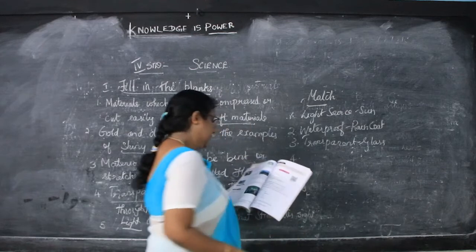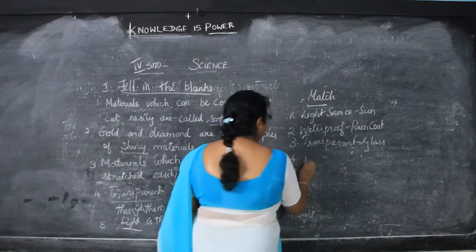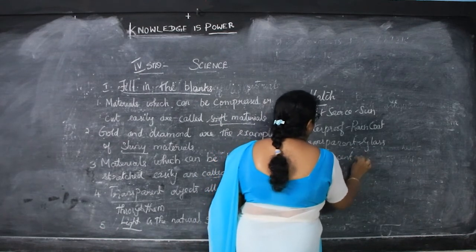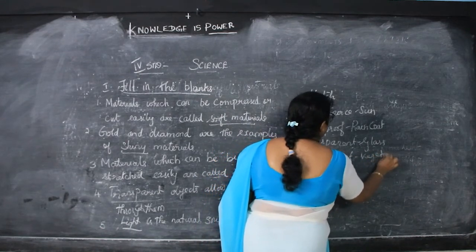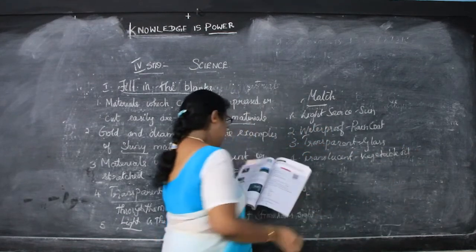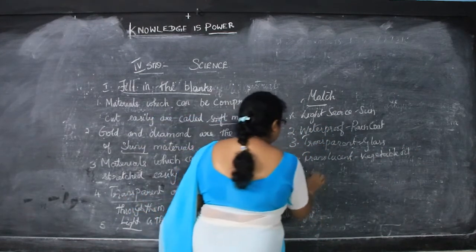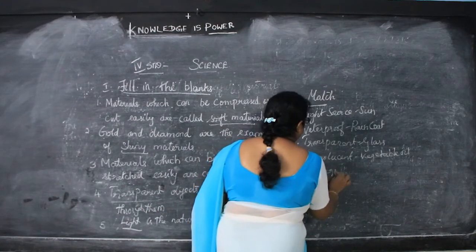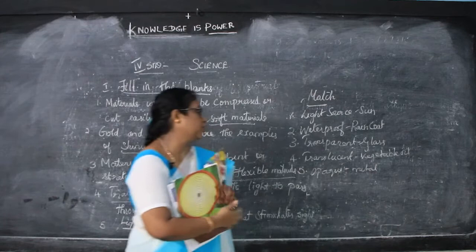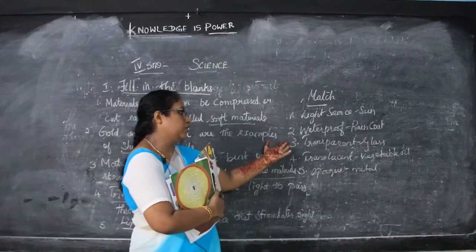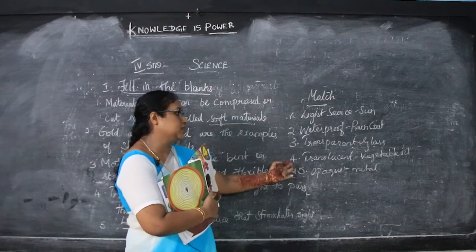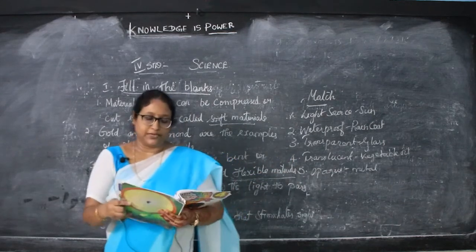Glass. Next is translucent. Translucent, vegetable oil. Then next is opaque. Opaque is metal. So these are the match the following. Light source sun, waterproof raincoat, transparent glass, translucent vegetable oil, opaque metal.